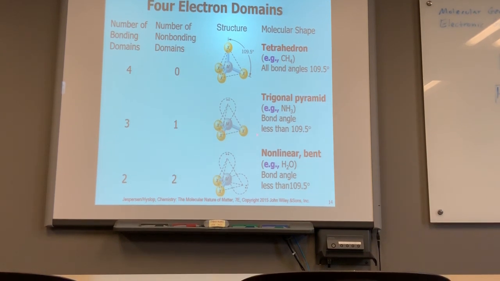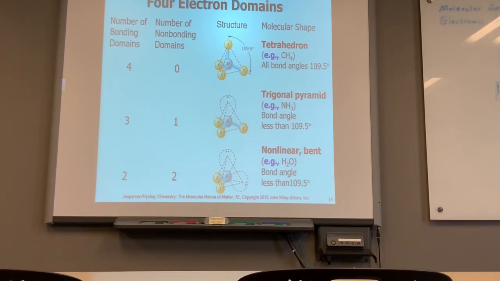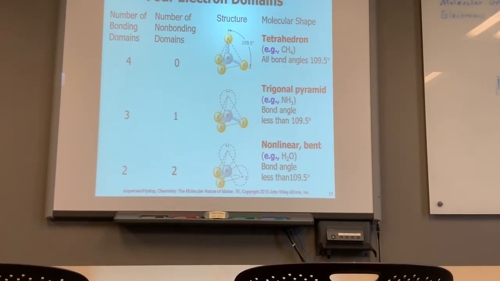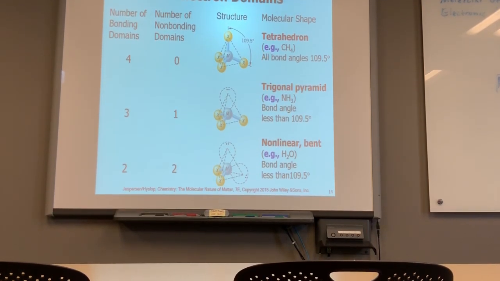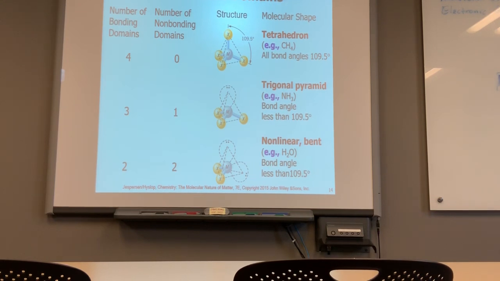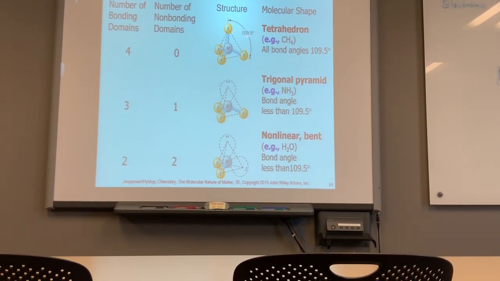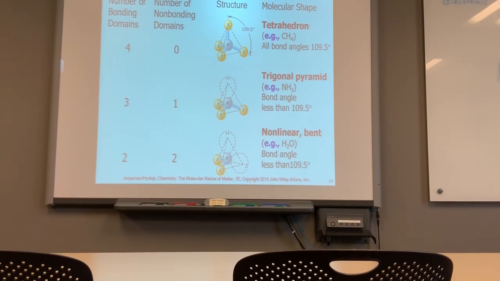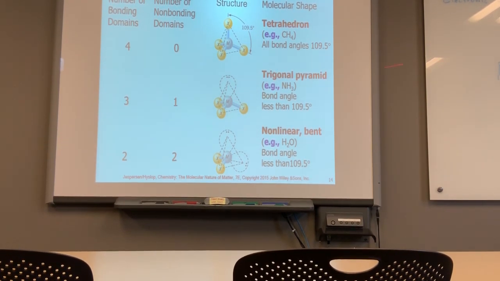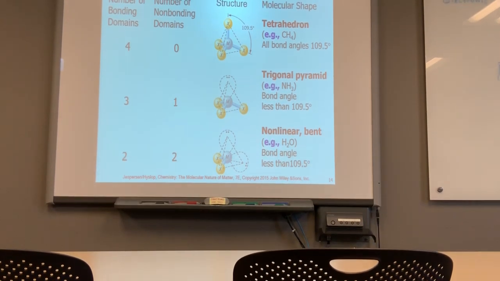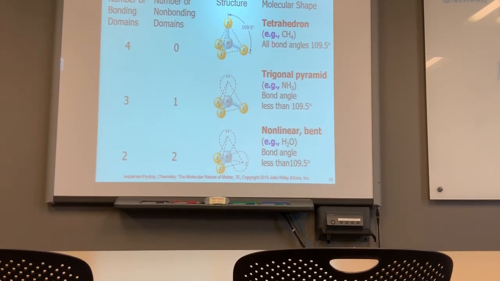And that's what's really most important when we think about bonding. So on that last slide, what's the difference between the tetrahedron and the trigonal pyramid? One lone pair. Okay. So in going from tetrahedral, which is something like methane, to trigonal pyramidal, ammonia, to water, you basically add a lone pair.